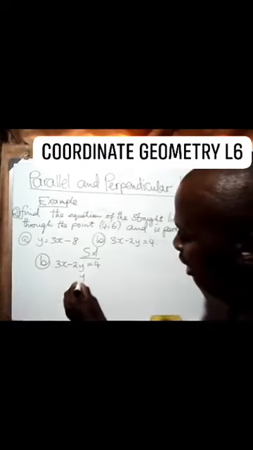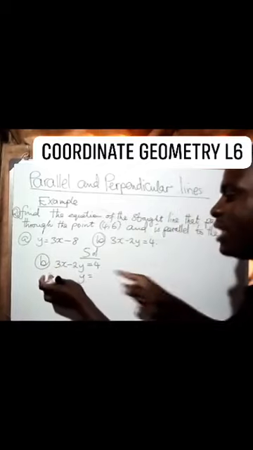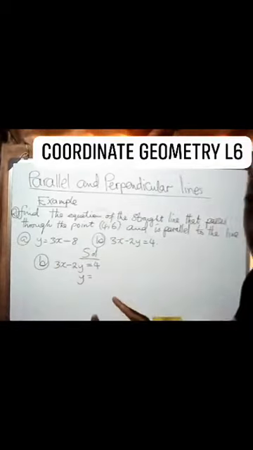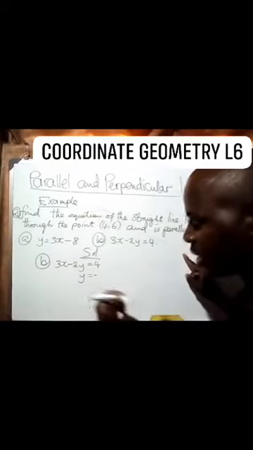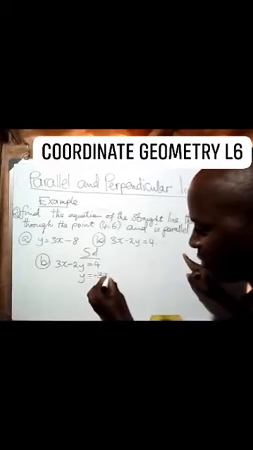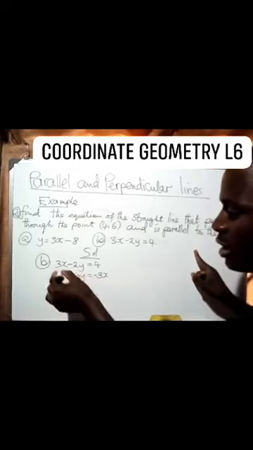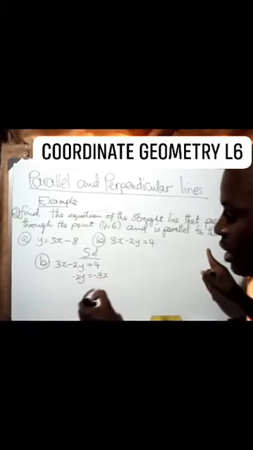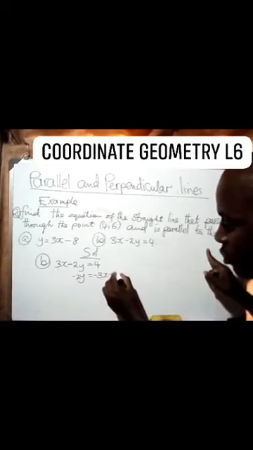So it will be y is equal to, we will start with this. Now, once this one comes to the other side of the equal sign, it changes to its additive inverse. So it will be negative, remember this one is 2y, it will be negative 3x, this other side, then plus 4.